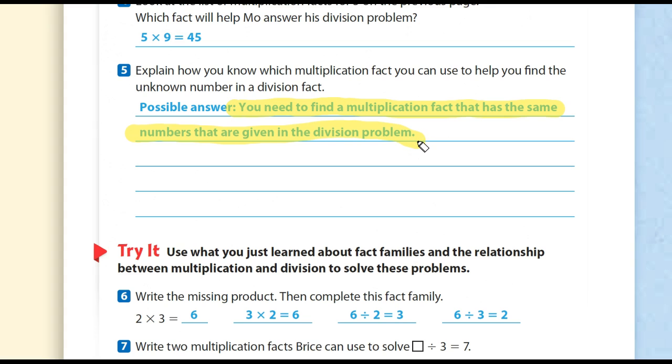So in this case, I needed to find the multiplication fact that had what 3 numbers again? Or what are the 2 numbers that they gave us first? 45 and 5. That's what I needed.